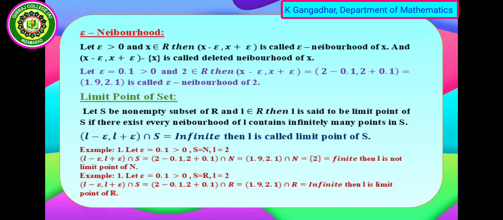So here see one example. Let epsilon equal to 0.1 greater than 0, S equal to the natural number set, and L equal to 2.